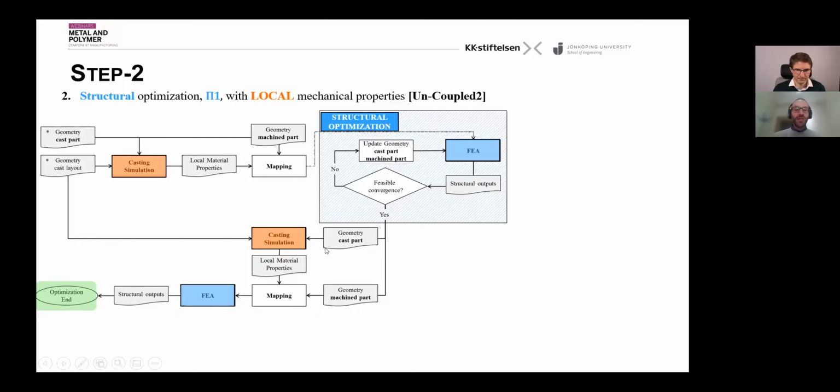It could happen that due to a big change on the geometry during the structural optimization, there was no strong correlation. So we decided maybe to do another loop, but it was just a manual loop. What is important so far is that now we just introduced the casting simulation. It was just one shot to map the local properties and to get the strengths that would drive the structural optimization.